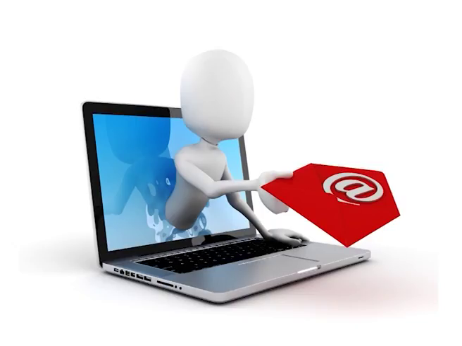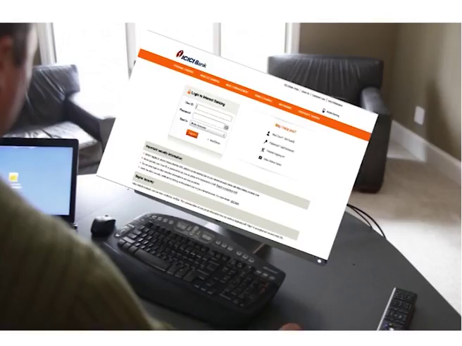The second case is the ICICI Bank case, the first landmark judgment by an adjudicator. Mr. Umashankar got an email from ICICI Bank asking him to reply with his internet banking username and password, otherwise his account would be closed.